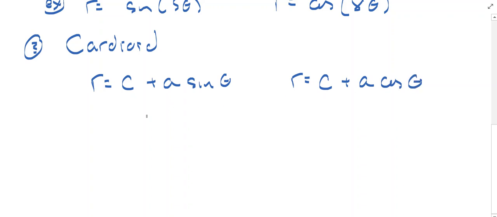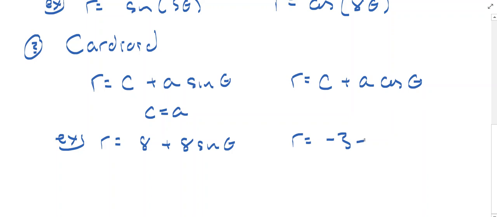In order to be a cardioid, C must be equal to A. So as an example, we could have r equals 8 plus 8 sine theta, or r equals negative 3 minus 3 cosine of theta.